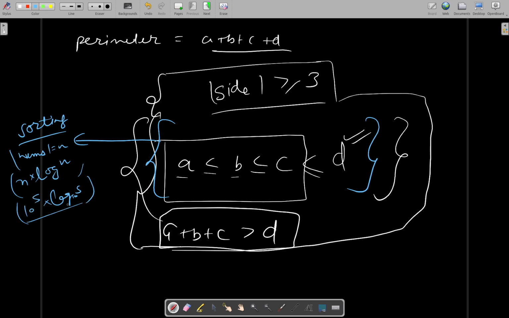Why so? Because this number of operations is less than order of 10 raised to power 8. So this is an operation limit, if you may ask.